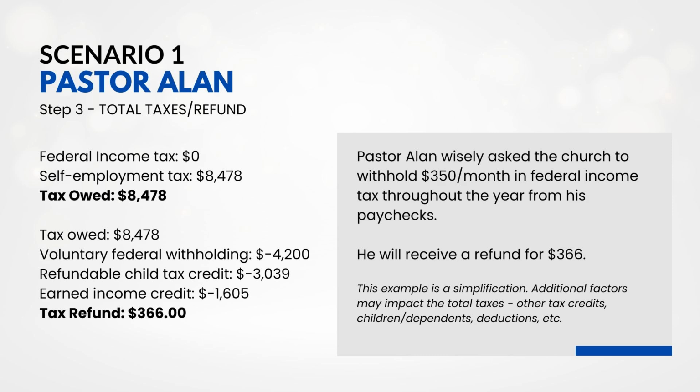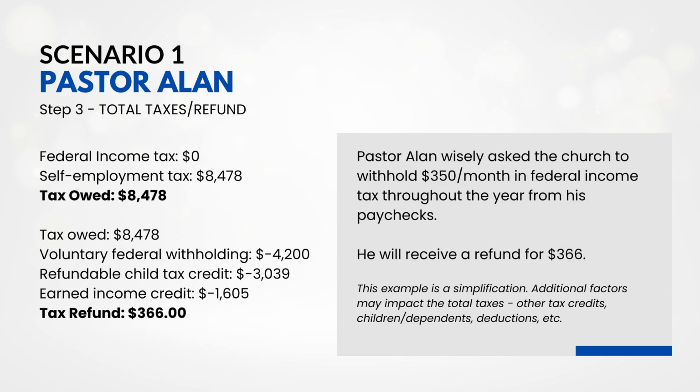But let's say that Pastor Allen also had a W-4 on file that requested the church withhold $350 per month as voluntary federal income tax withholding. That would amount to $4,200 throughout the year that had already been sent to the IRS on Pastor Allen's behalf. Based on his earnings and the number of children that he has, Pastor Allen would also be eligible for the child tax credit. But because of limitations on this, he wouldn't be eligible for the full $6,000 credit.